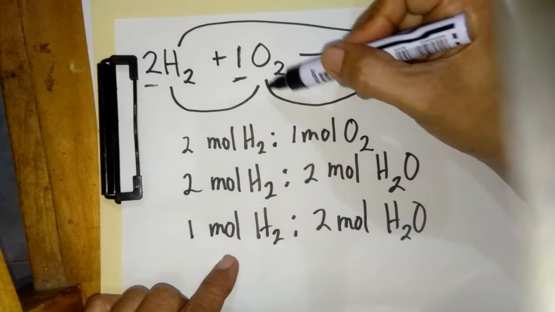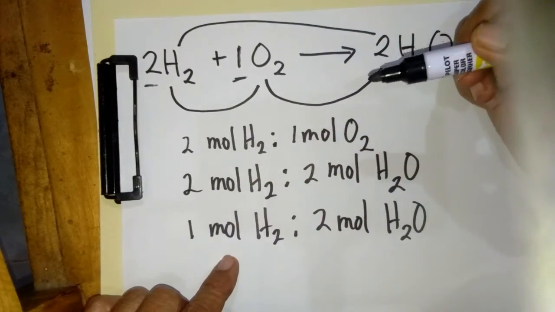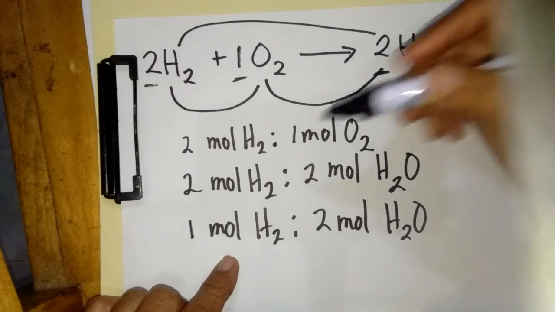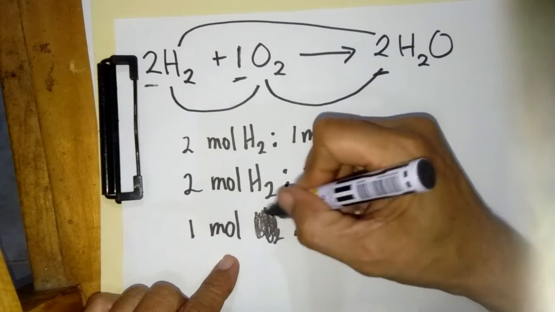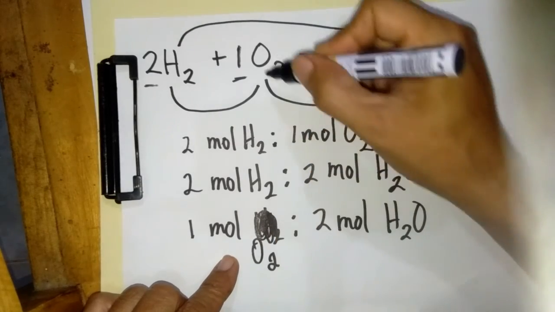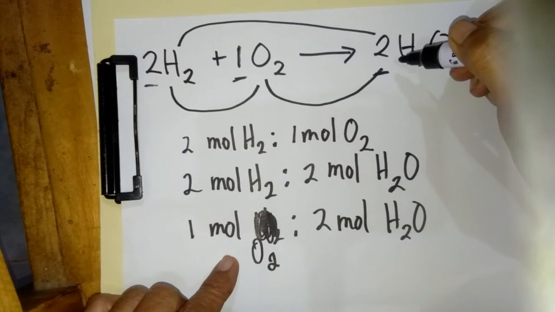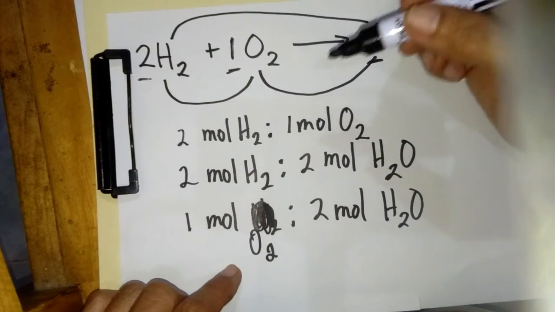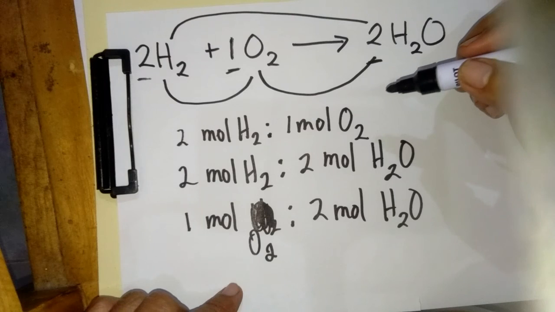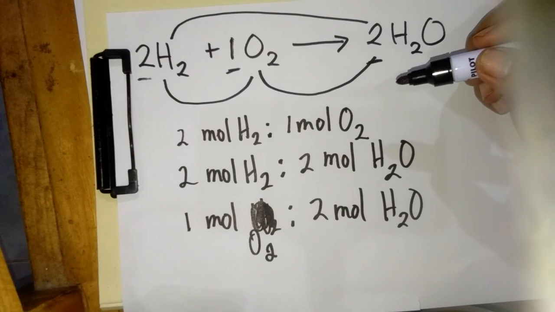And 1 mole of O2 is to 2 moles of H2O, or 2 moles of H2O is to 1 mole of O2. Did you understand? Okay.